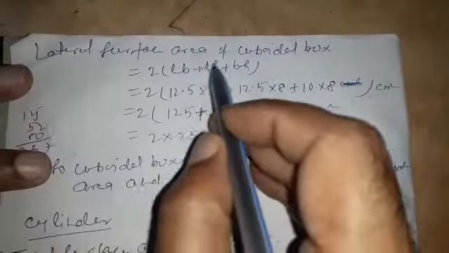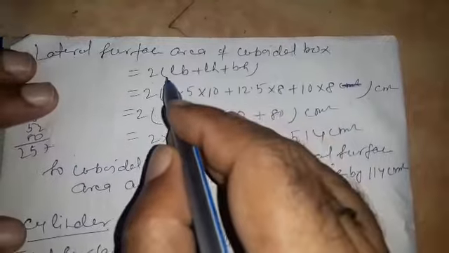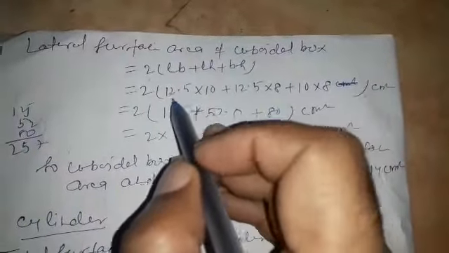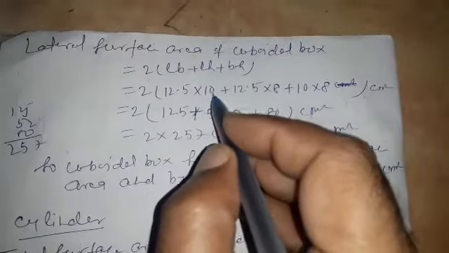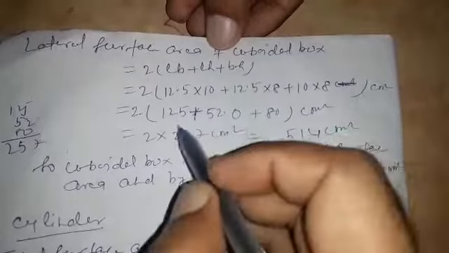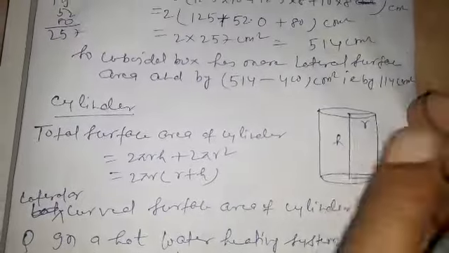Now next is the lateral surface area of the cuboidal box. It means 2 into (LH plus BH), and we will find 2 into (12.5 into 8 plus 10 into 8) centimeter square, and this is equal to, after calculation, 360 centimeter square.